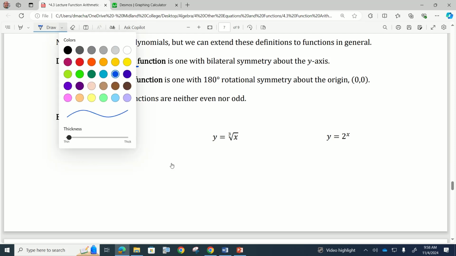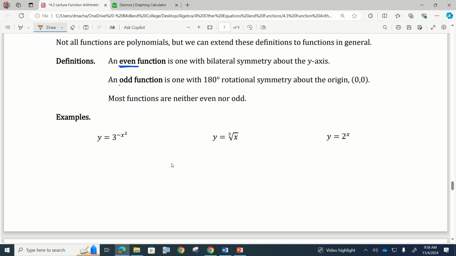And we say that an odd function is just a function whose curve has rotational symmetry about the origin, just like the odd polynomials do. Again, just like polynomials, most functions are not even and they're not odd either.